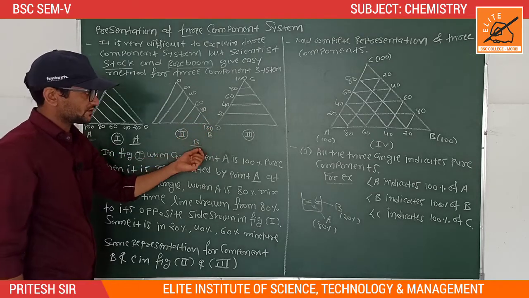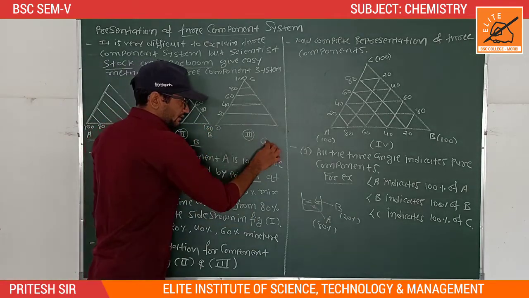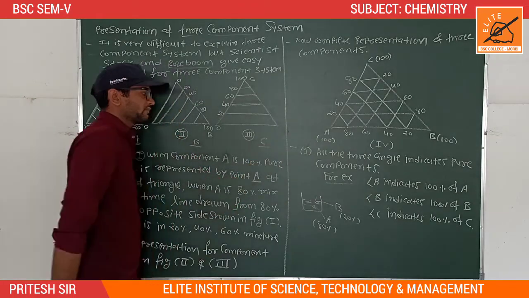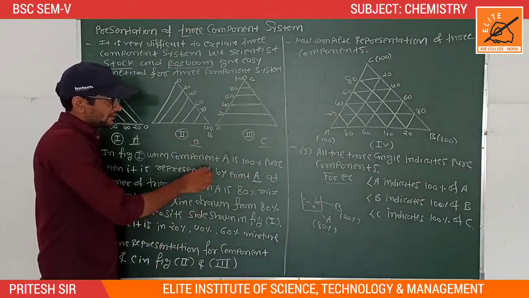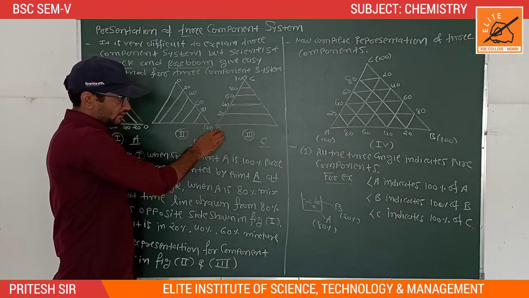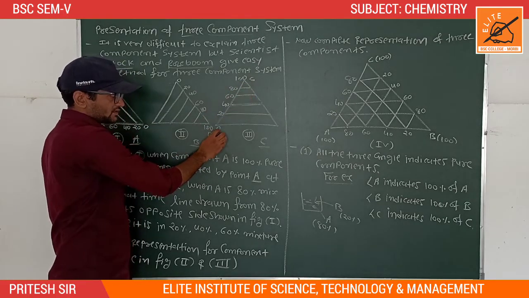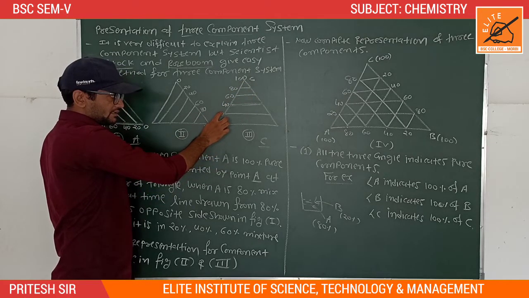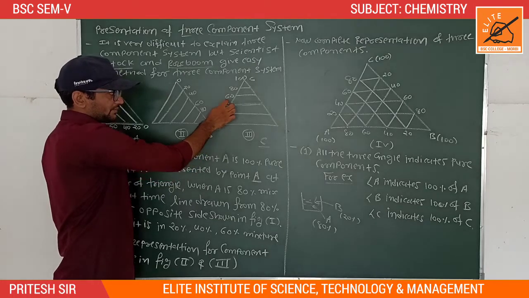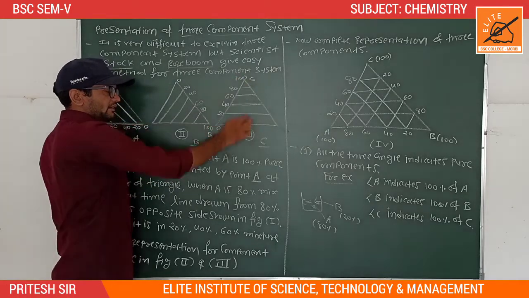And similarly for C, this figure is for component C. Here the composition of C is 0%, 20%, 40%, 60%, 80%, and 100%.